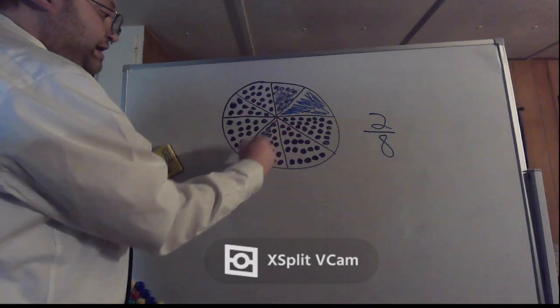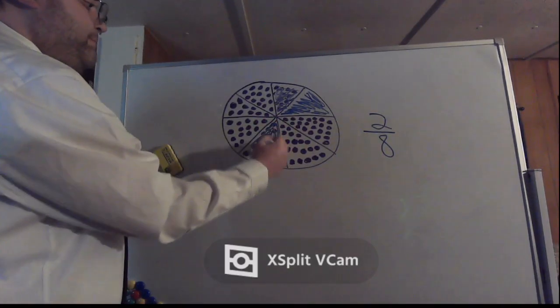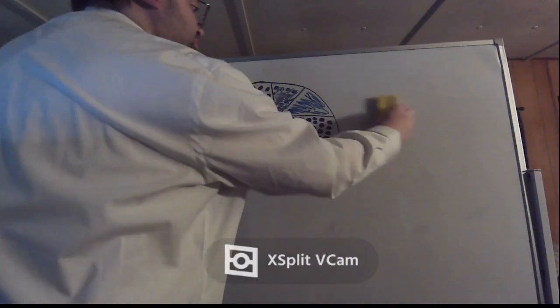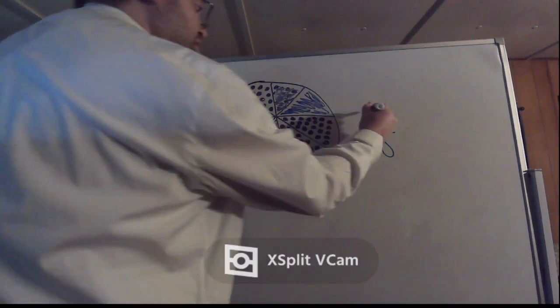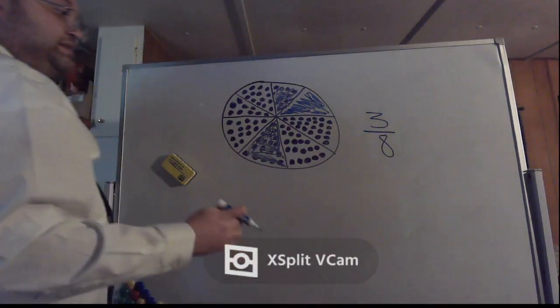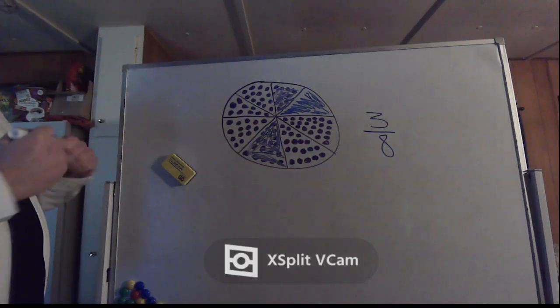Let's say, heck, I'll eat another piece of pizza. I'll eat from this side. So now I have eaten 3/8 of the pizza. So again, I split it into 8 whole pieces. I've taken 3 pieces of the pizza. That's 3/8 of the pizza I've eaten.